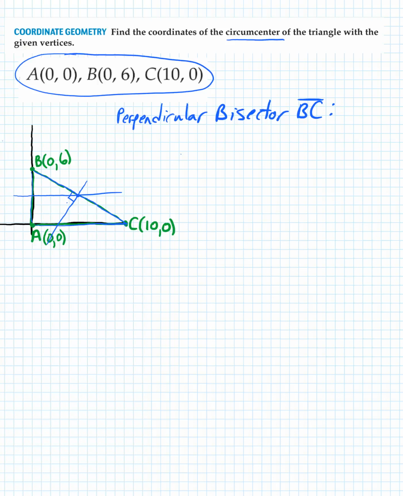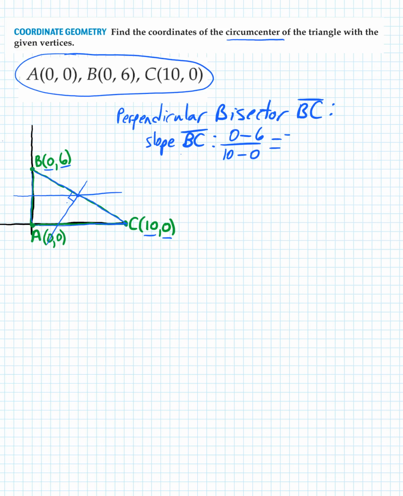So let's first find the slope from B to C. The slope of BC is y2 minus y1 over x2 minus x1. So 0 minus 6, over 10 minus 0.